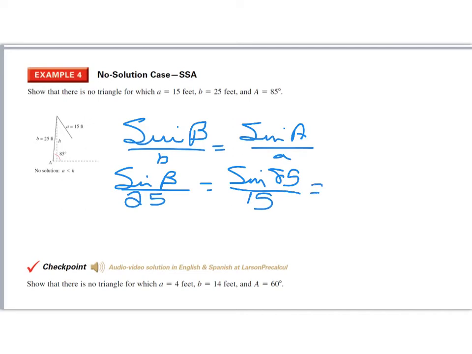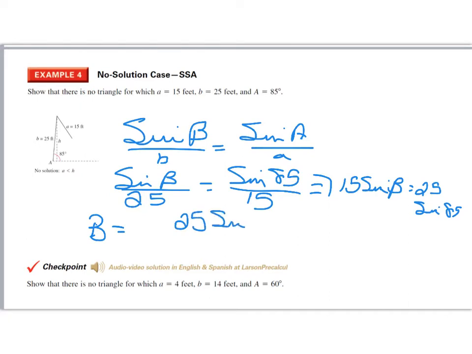And when you cross multiply, you've got 15 sine of B is equal to 25 sine of 85. Therefore, your angle B would be 25 sine of 85 divided by 15, and here you want to find the sine inverse. And when you try to plug that in your calculator, you get an error.